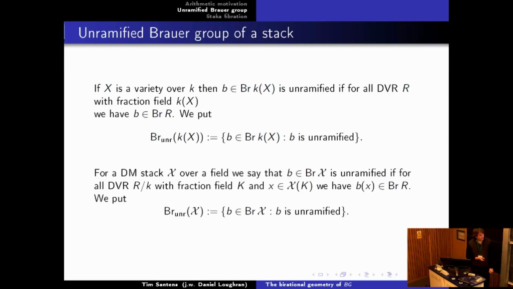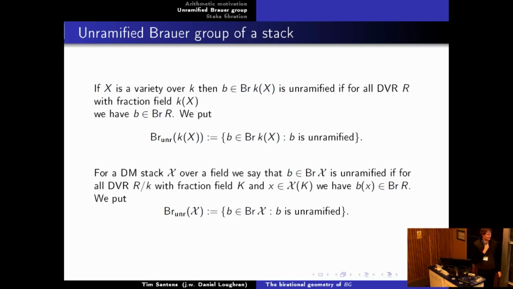The issue is that for BG this doesn't work. Why? Because there's no really good function field. Okay, there is a function field, but it's K itself, which is not useful. So the solution is, instead of only considering DVRs with fraction field K(X), we look at all DVRs.